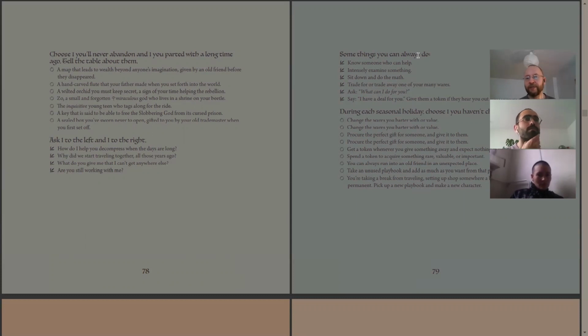Beyond that, you have some things you can always do, which goes to rights even more directly. Beyond the tokens, you have something more persistent. You can always know someone who can help, or intensely examine something, or sit down and do the math, which is probably economy here.